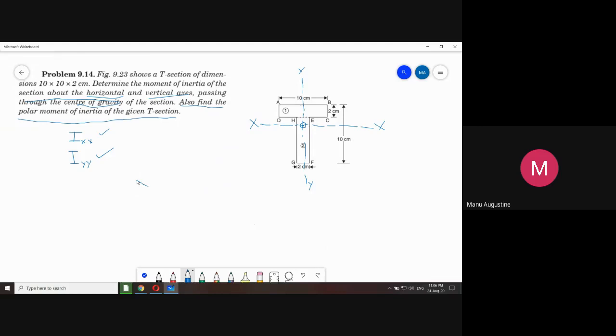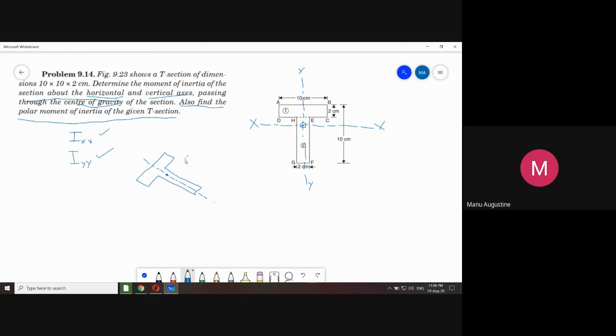So our T section will have to be taken up like this. I am tilting the T section, drawing a new image so that you get the idea of the polar moment of inertia. So this is kind of an isometric view for you guys. So here is your centroid, and this is your y-axis, y.